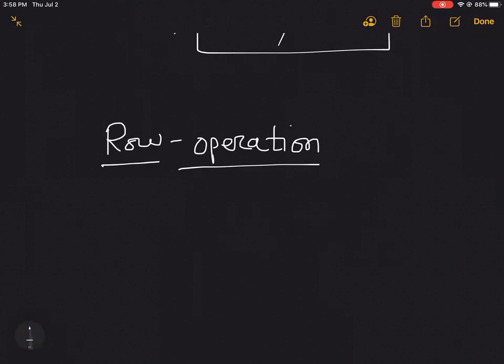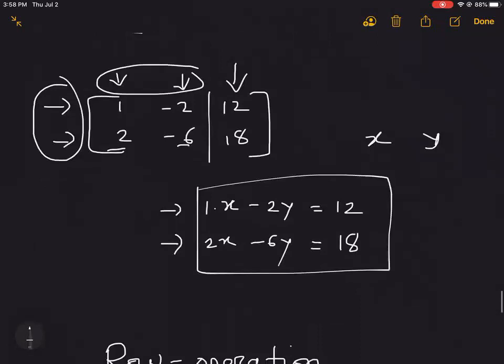So row operation can be done in the following ways. First of all, you can interchange the rows. It doesn't really harm the value of the system of linear equations, and you can simply see that from here.